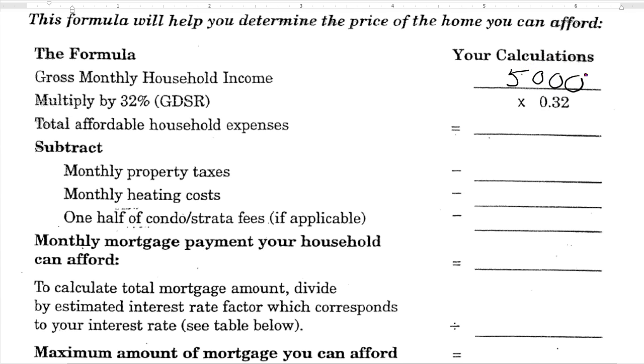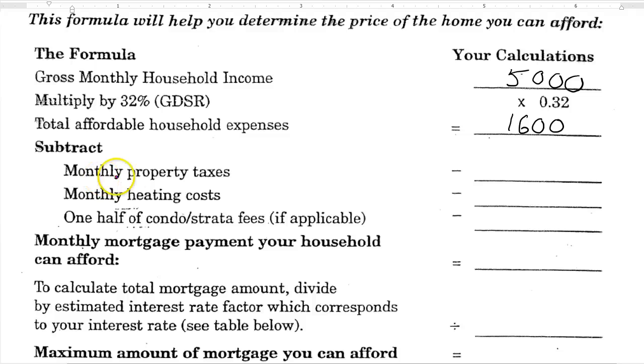One thing I do like about this chart is it tells me what to do and when to do it. My next step says multiply by 32%, so times 0.32. This is the gross debt service ratio, right? How much of this 5,000 can I actually use towards my mortgage? So 5,000 times 0.32 is $1,600. So I can actually spend $1,600 on my mortgage.